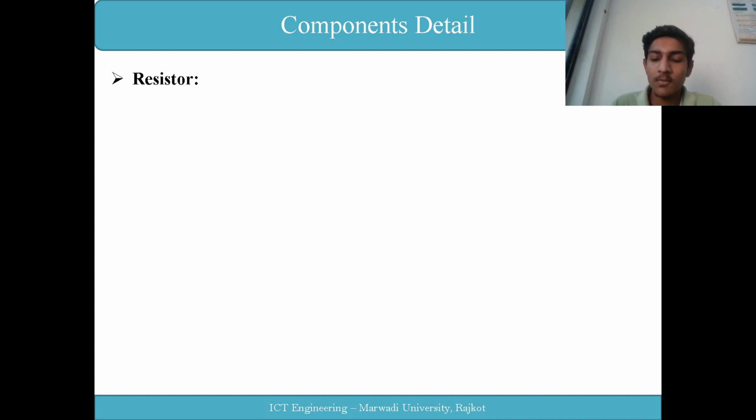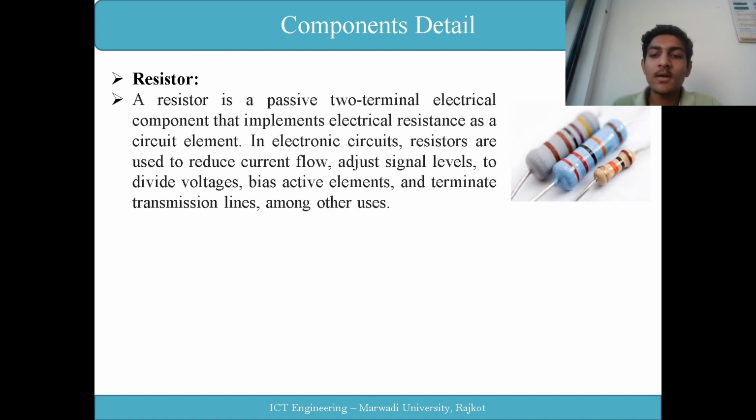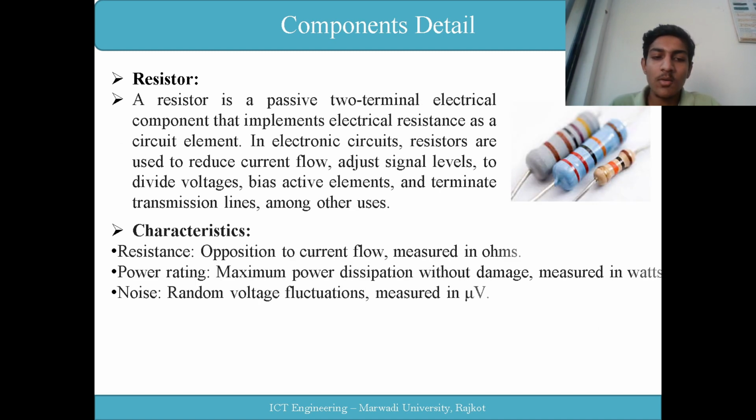We use in our project a 10 kilo ohm resistor and a 5.6 kilo ohm resistor. Looking at the characteristics of a resistor, it offers opposition to current flow measured in ohms, has a maximum power dissipation without damage, and random voltage fluctuation measured in microvolts. A resistor is a passive two-terminal electric component.